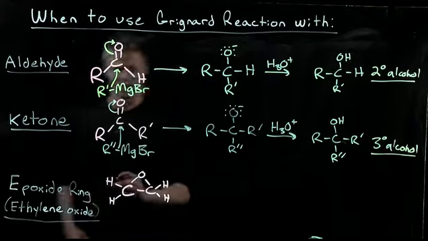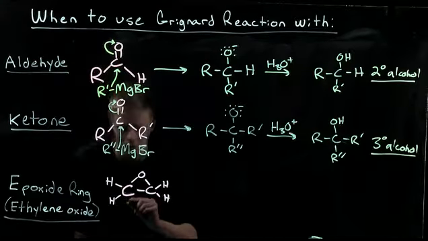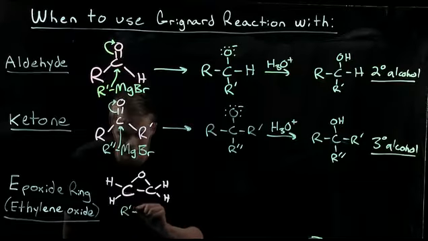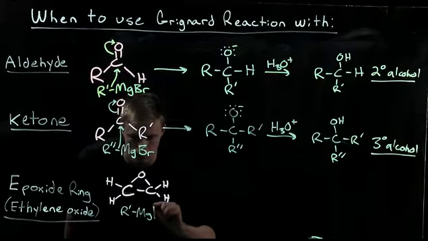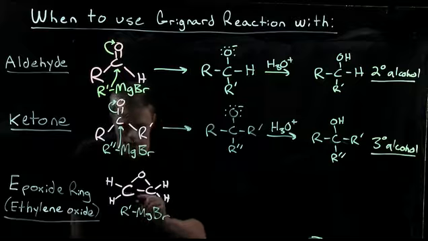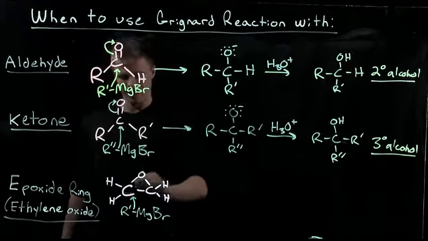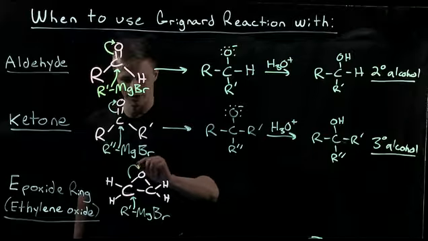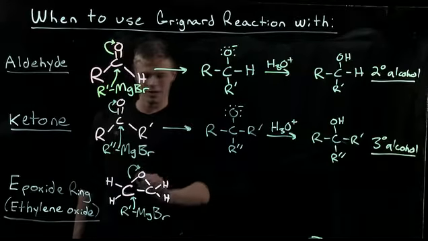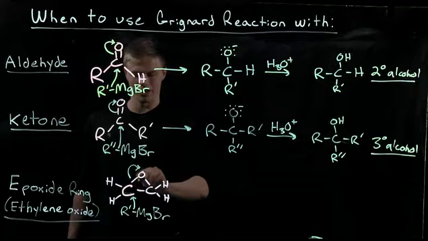Last, we have the epoxide ring. So we're going to start with the Grignard reagent again. That is going to attack the carbon with that O attached to it. That will kick up, and that will open the epoxide ring since this bond right here is breaking.